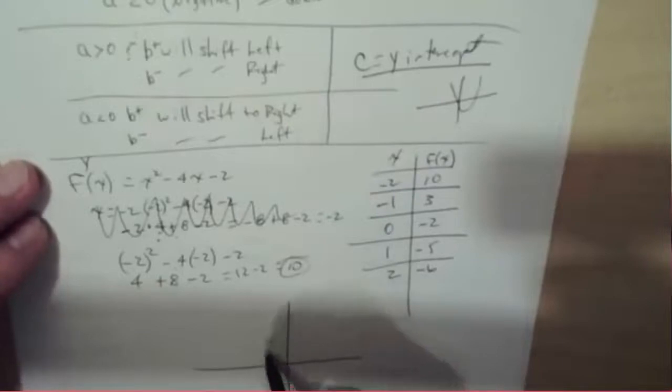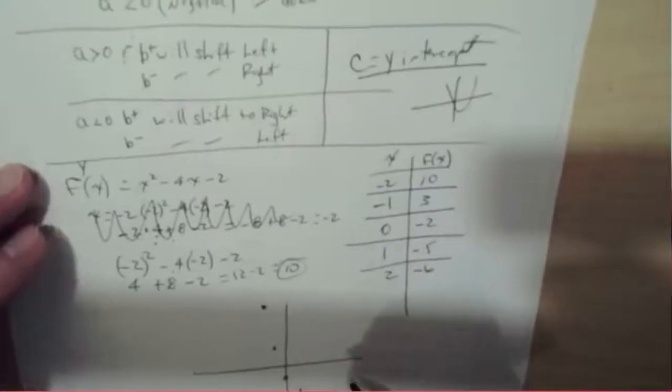-2, 1, 2, and 10 is about there. -1 and 3 is about there. 0, -2 is about there. Excuse me. 1, -5. 2, -6.